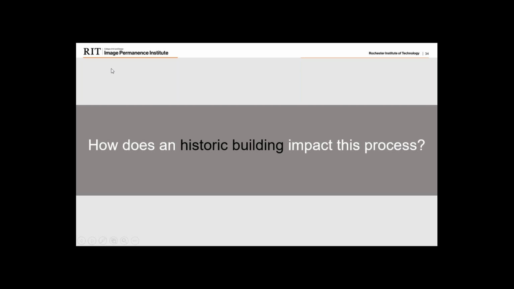Okay, so we wanted to address as well the role a historic building would play. Many institutions don't have a purpose-built structure or aren't looking to build one brand new, so they're often in historic buildings, and a lot of times this is even considered part of the collection. It's an important part of the institution, and so we want to be sure not to damage it in any way.